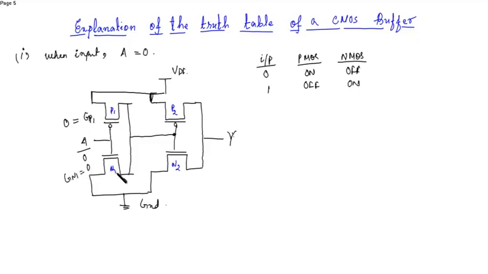NMOS with an input of 0 turns off, PMOS with 0 turns on.